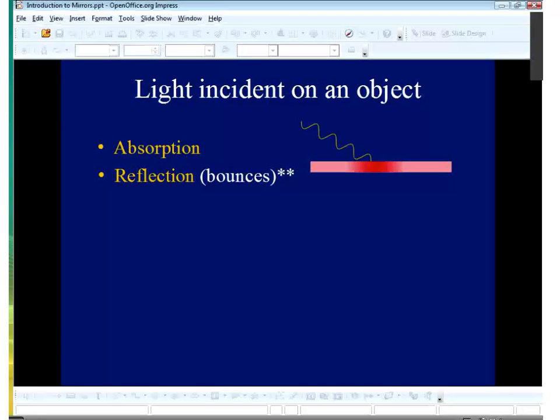things absorb different colors. Colors means different frequencies of light. Light is an electromagnetic wave. It has various frequencies present or various wavelengths present, and we are able to see a very small part of the electromagnetic spectrum.